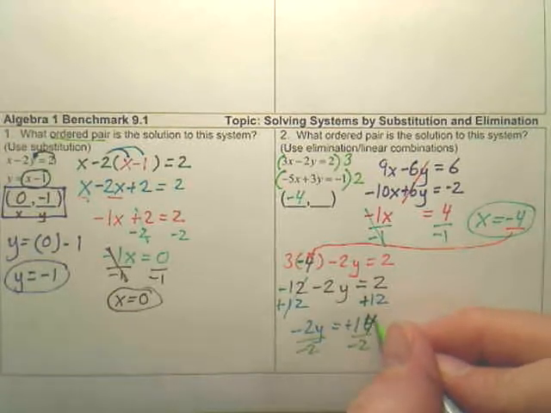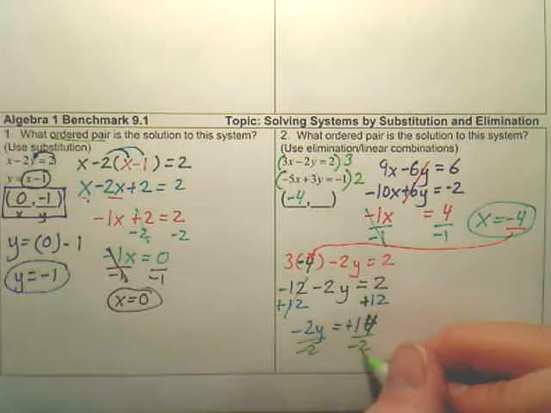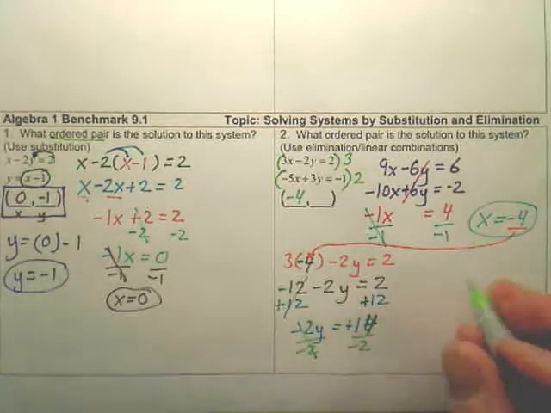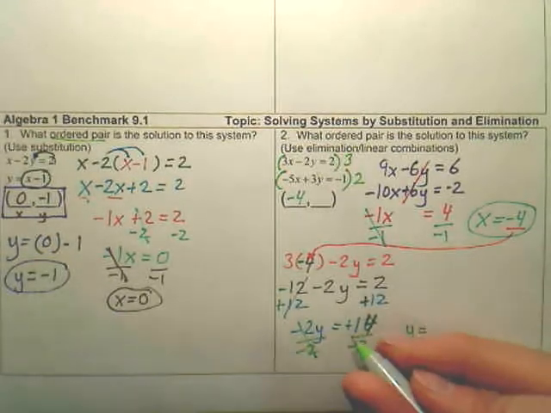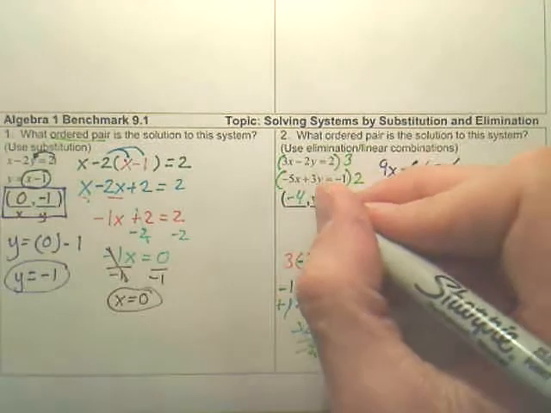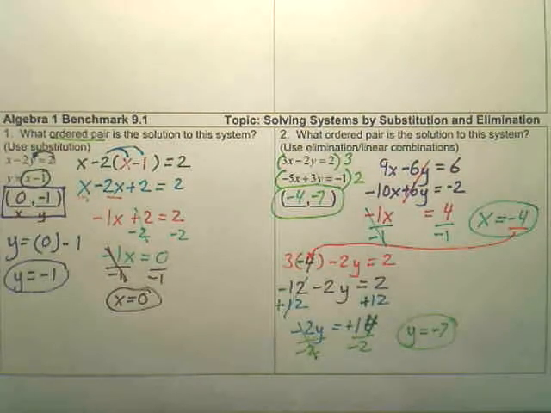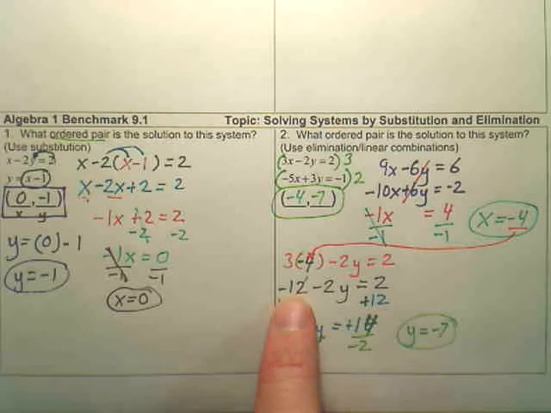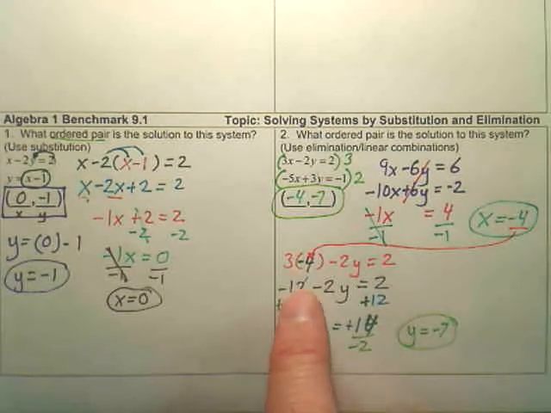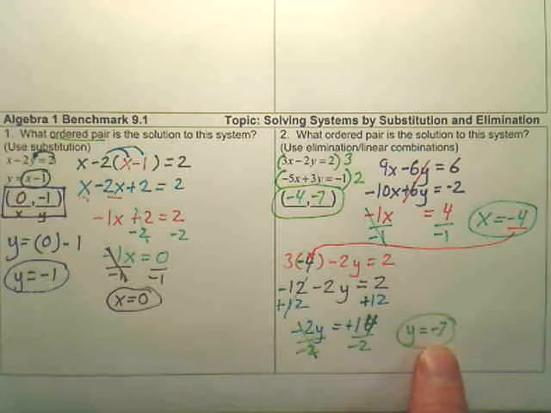Does that look better? 14 divided by negative 2. Positive 14 divided by negative 2 is negative 7. So that would be negative 7. Thank you for correcting me. That would be a negative 12 again, because negative 4 times 3 is negative 12. Add it over. Divide by negative 2.